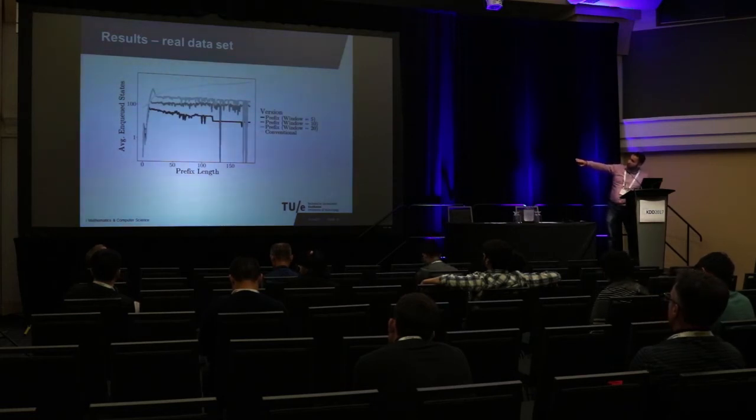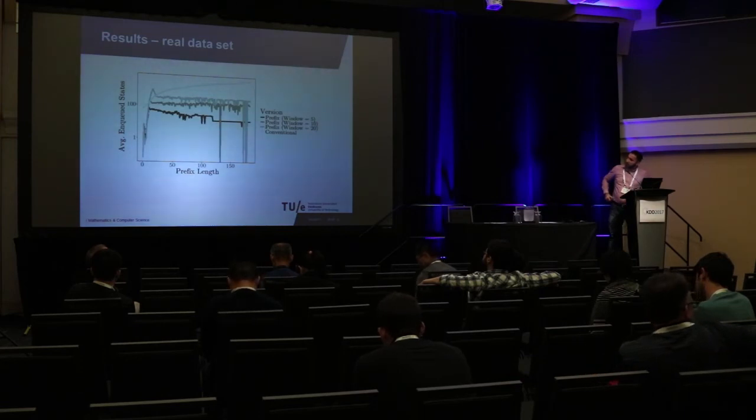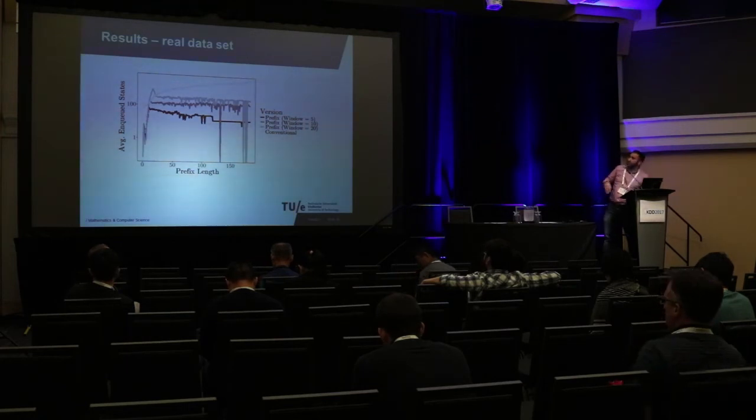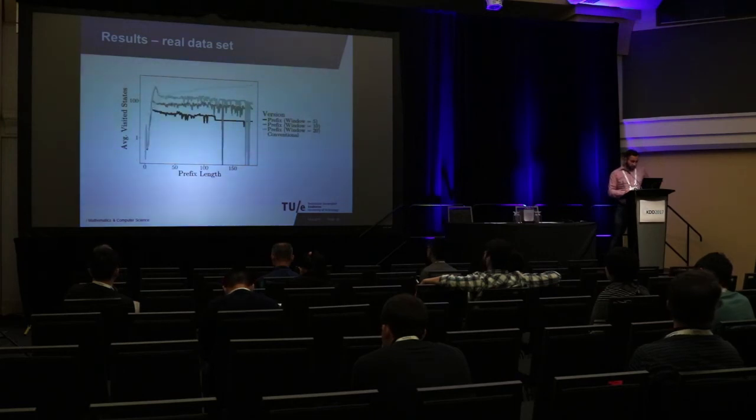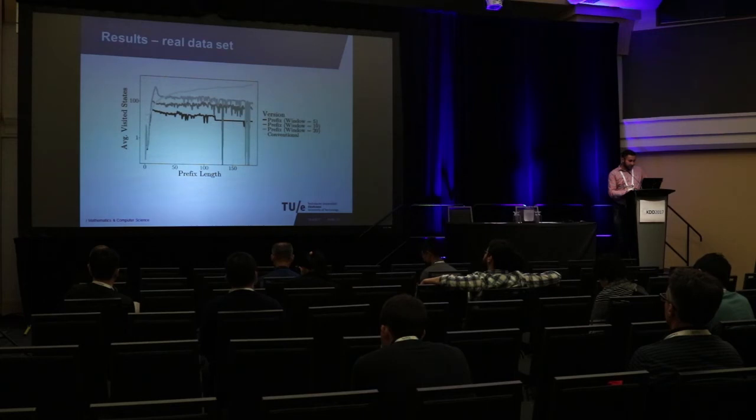The conventional alignment algorithm at the top is the one that has the most states and thus space that needs to be visited, and the others are reflecting different versions of our approach, which are always better than the competitor, even with the window size of 20, which achieves a very good quality. And this is reflecting the number of visited states, which is basically similar to this value here.